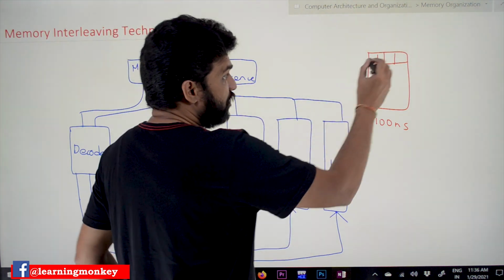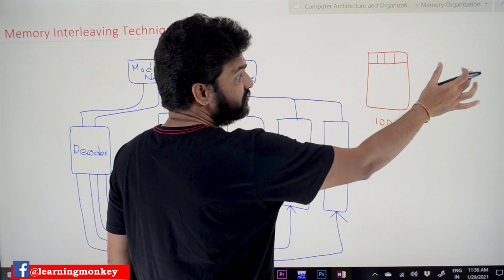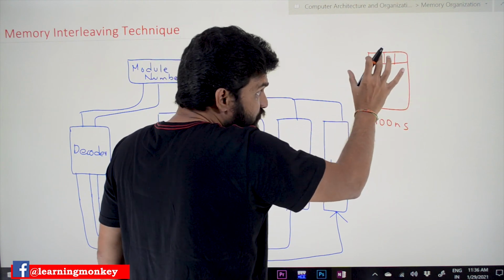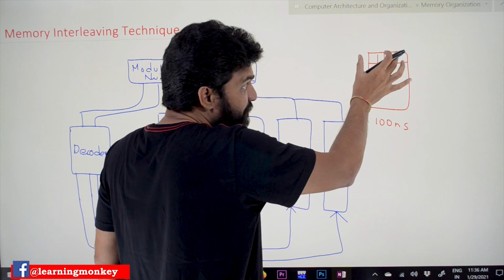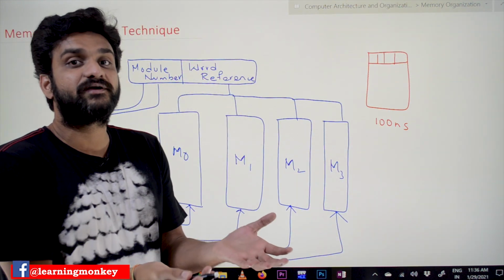Similarly, the entire block of the main memory will get copied onto the cache memory. So in order to copy these 4 words, or a block of the main memory, onto the cache memory, what is the amount of time taken?